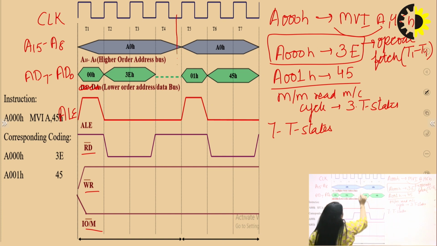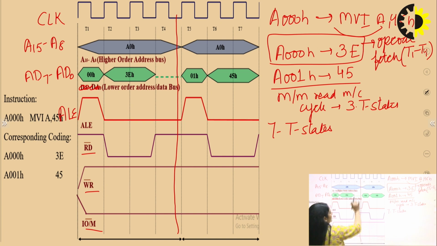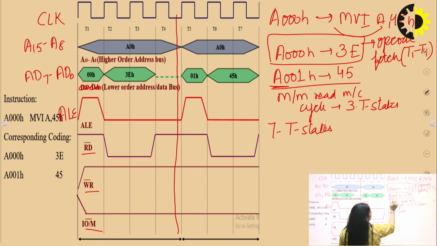So till here we have covered the opcode fetch. What is exactly happening here is, if we see A0, the higher order address will be going, and the lower order address is 01, but for the lower order address or data, what will go on the bus is decided by the ALE. So when this pin ALE is 1, the address is going.